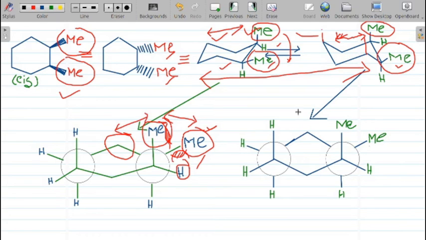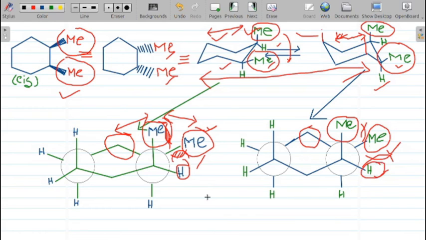And when we consider the Newman projection of the other conformation, you can see the same: a clash between this methyl and the CH2 group, a clash between these two methyl groups, and a gauche interaction between this methyl group and this hydrogen atom.